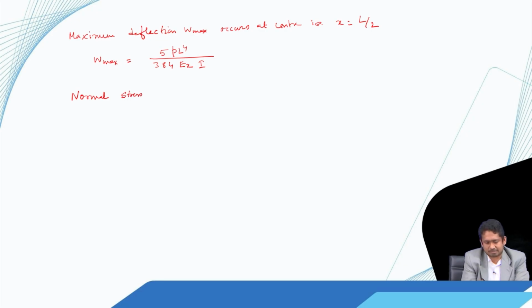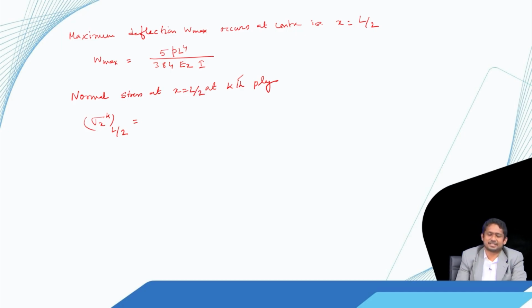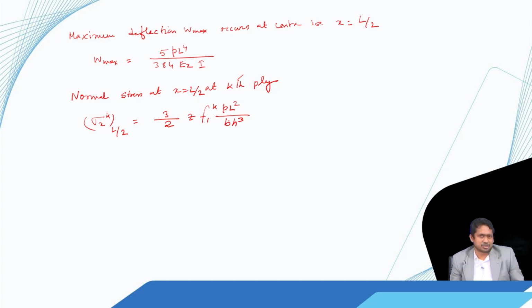So, normal stress at the kth ply at x equal to L by 2, we are finding out at the center, and that is where the bending moment is maximum, and that is where we get maximum normal stress, F1k PL square by B h cube. So, this was one example.